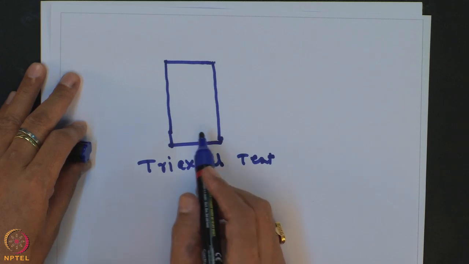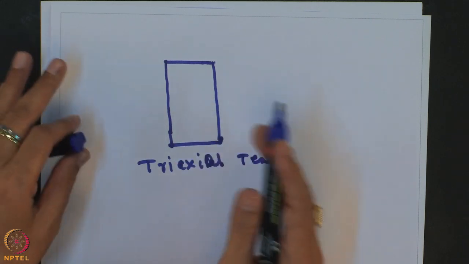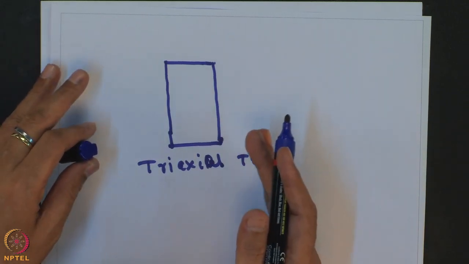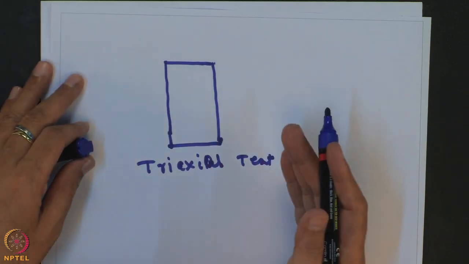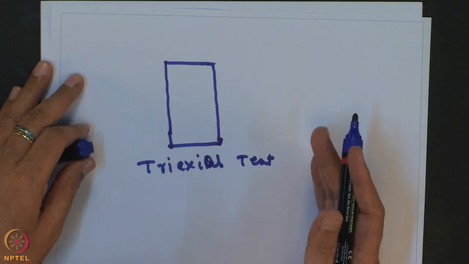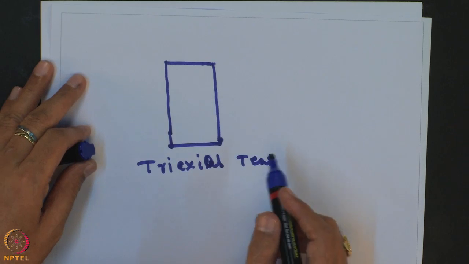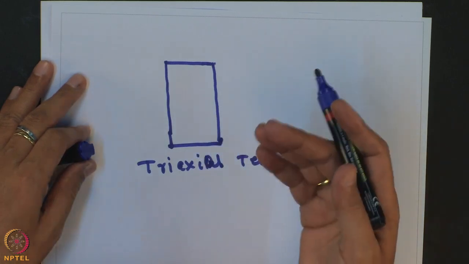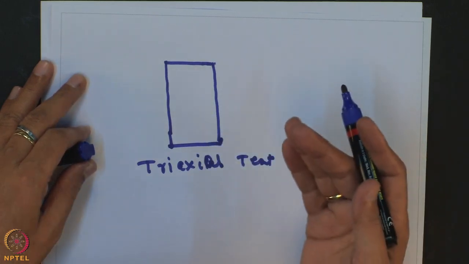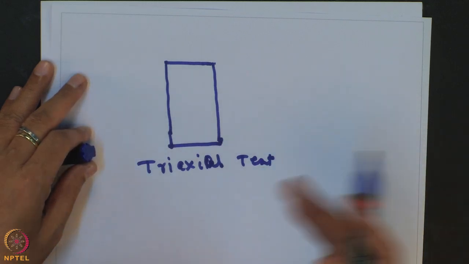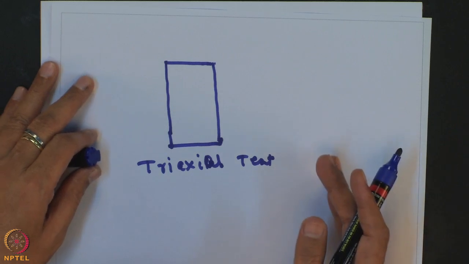Now, you take 2 or 3 tests on a dense sand sample at a confining pressure. You can give a confining pressure of 21 kilopascal or 210 kilopascal for different soil and geotextile configurations.